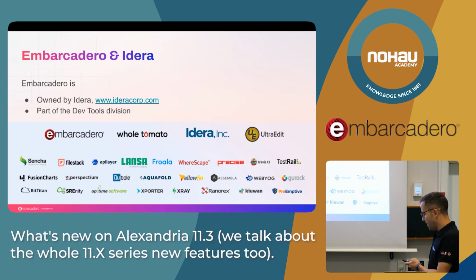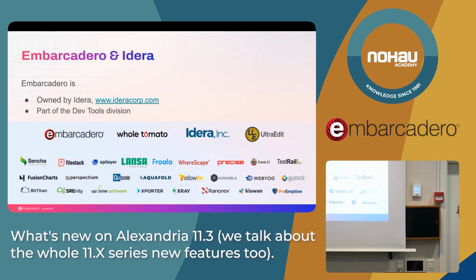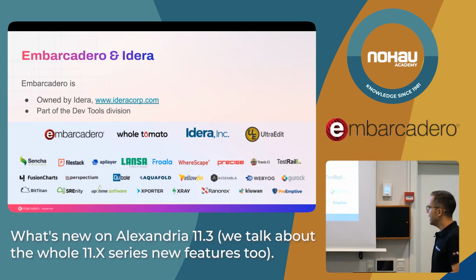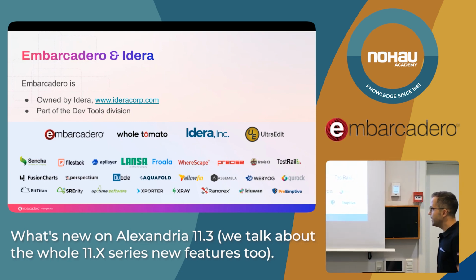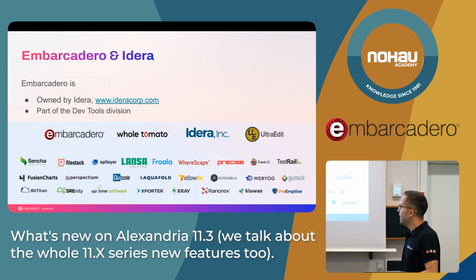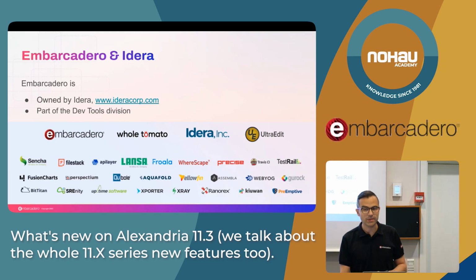For example, I'm very interested as well in the whole CI/CD for testing and deploying, and we have Travis, we have RunnerX for testing, and Sencha for web development. And recently joined the family Yellowfin, which is a very cool business intelligence application.